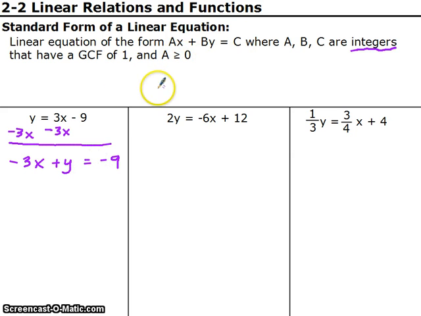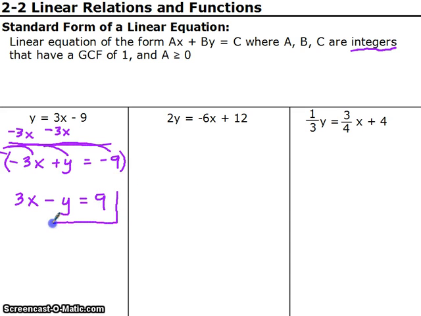Is A positive? No. So to fix that, we need to multiply the entire equation by a negative. So it's going to distribute to all three terms. Negative times a negative makes that a positive 3. Negative times a positive makes that a negative y. Negative times a negative makes that a positive 9. So basically you just go through and switch all the signs and then you're good to go.